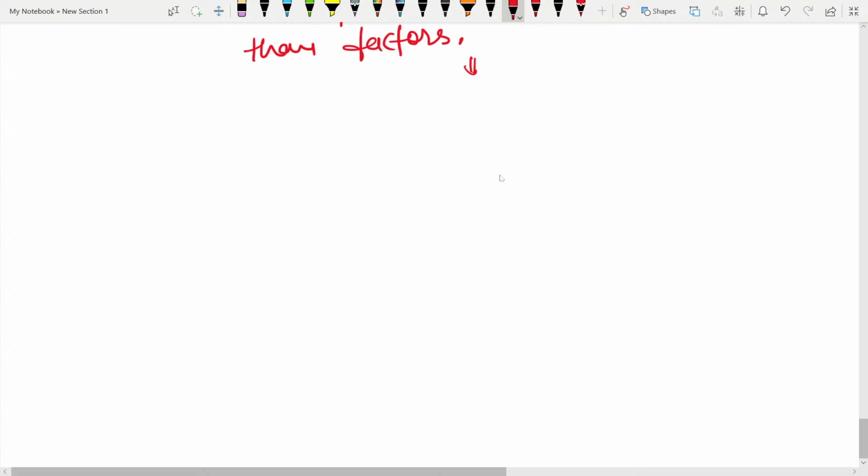So this is all about movement in supply curve. Okay. Now talking about the shift in supply curve.